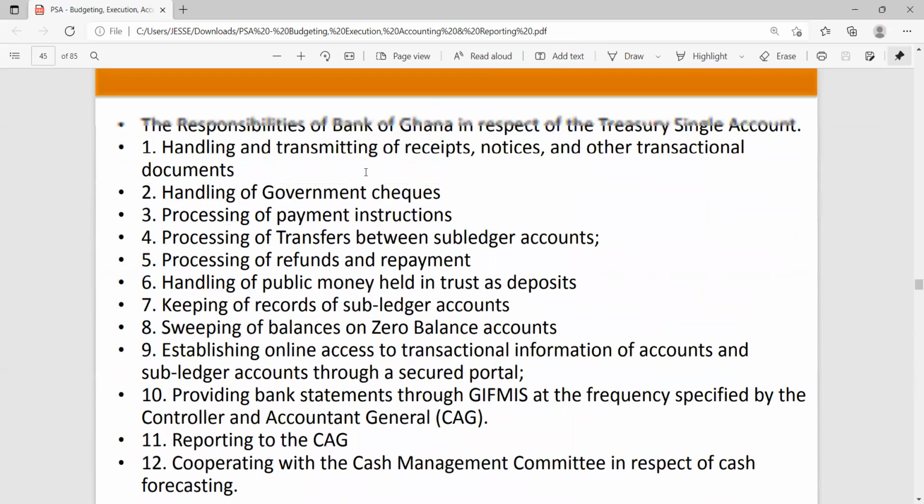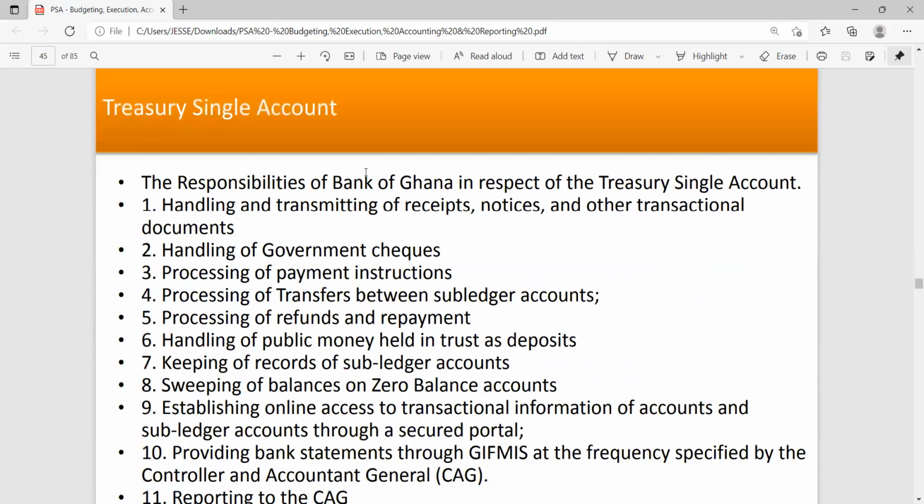Now let's talk about the Treasury single account and the responsibilities of the Bank of Ghana in respect to the Treasury single account. So what is the Bank of Ghana responsible for? Number one, they handle and transmit receipts, notices, and other transactional documents.